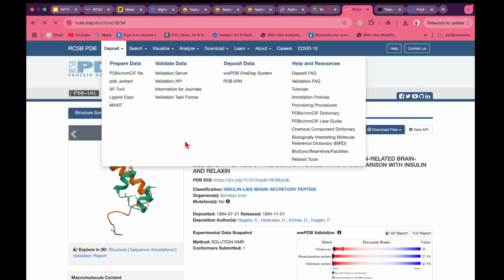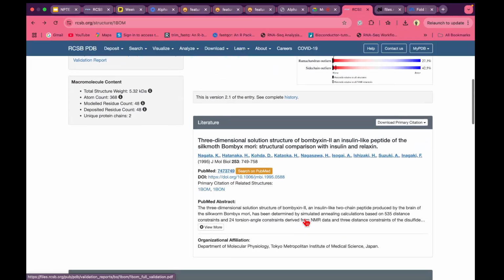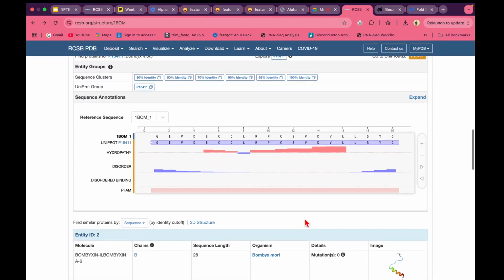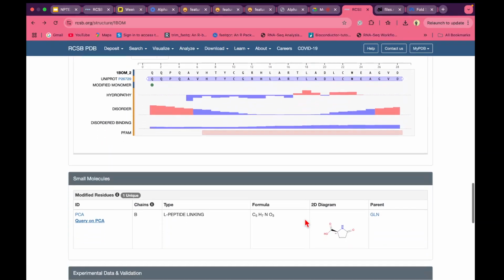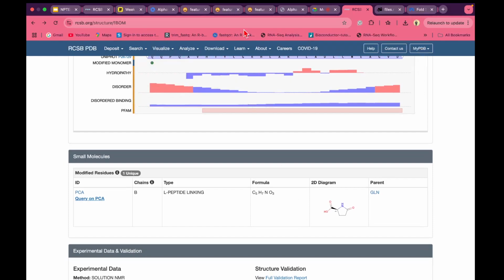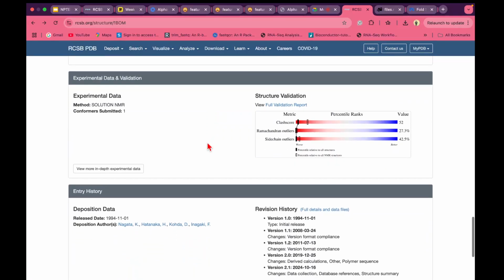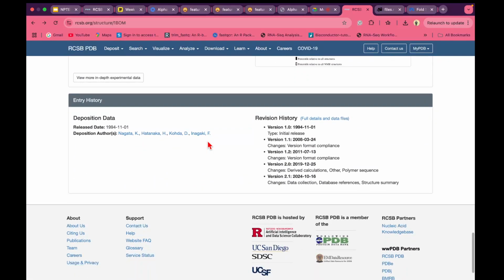So we have different information under different tabs. As I mentioned, if we have any new data, it could be deposited using the deposit option of PDB. So here it tells the deposition date, deposited by authors, and also the revision version.